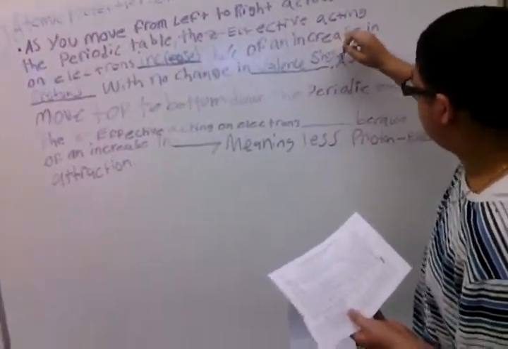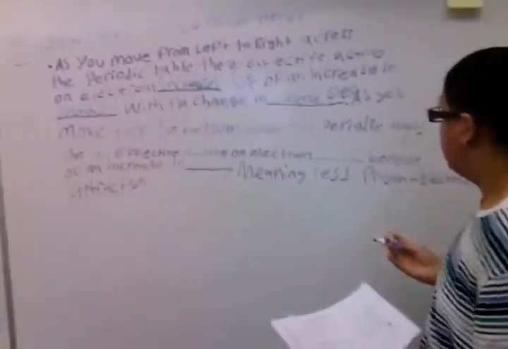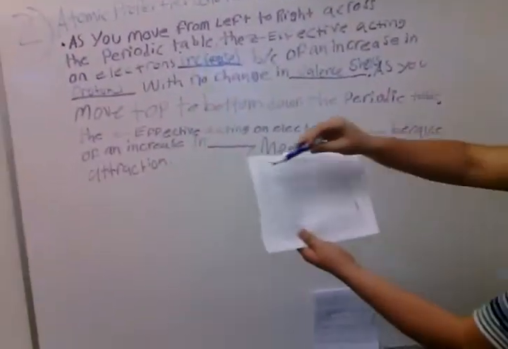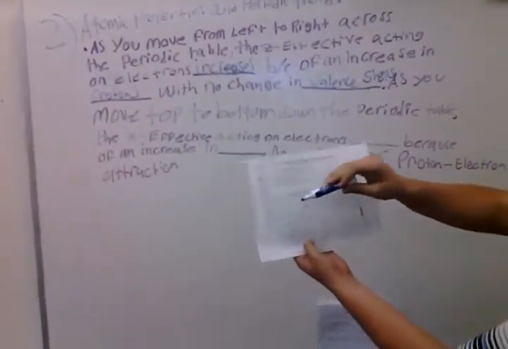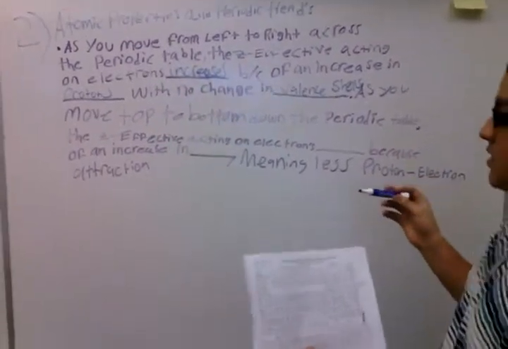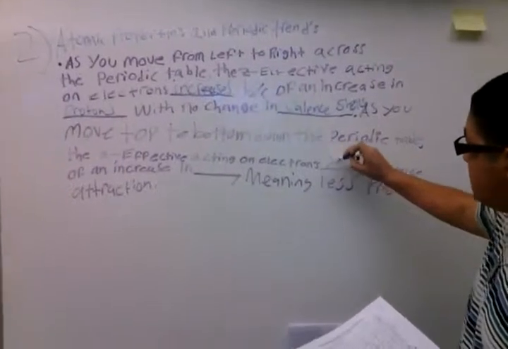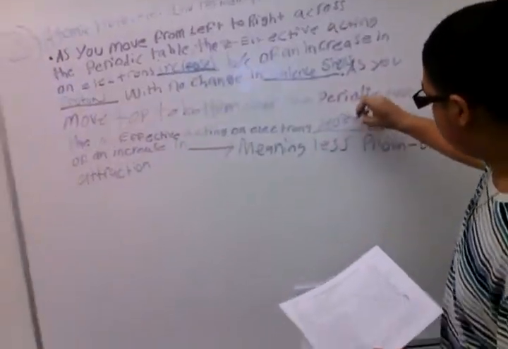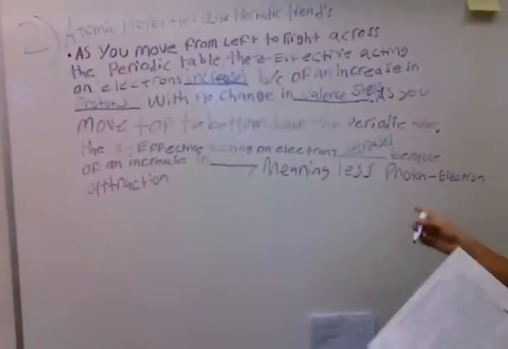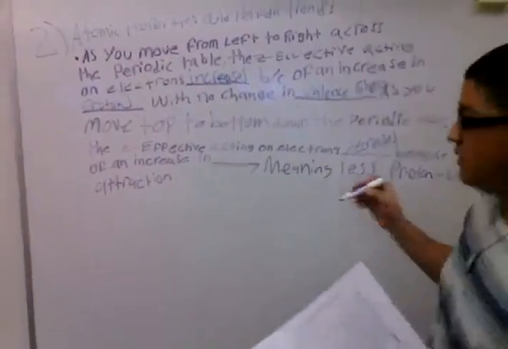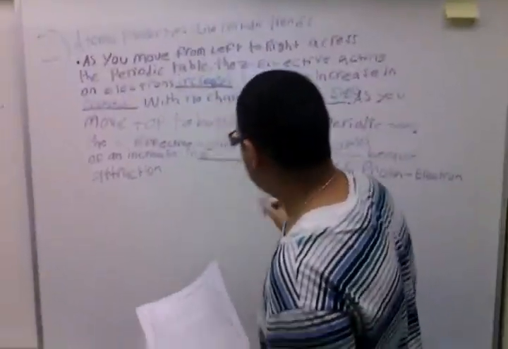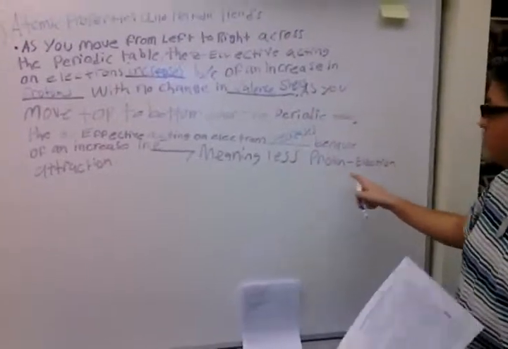Pretty simple. As you move from top to bottom of the periodic table, the Z effective acting on electrons decreases because of an increase in electrons, meaning less proton to electron attraction.